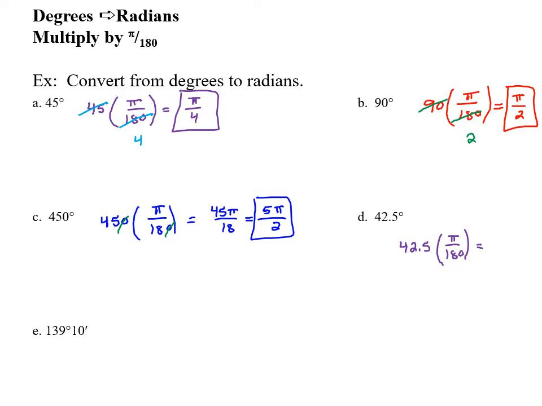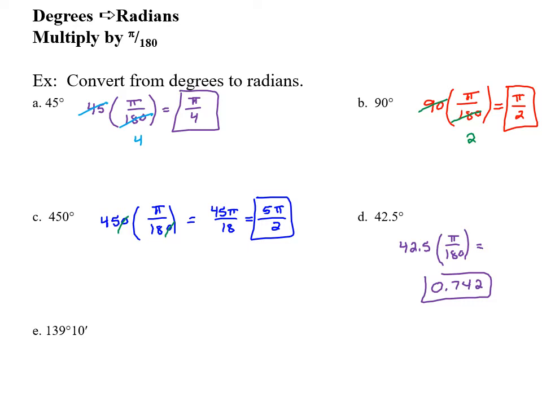So you would go to the calculator, type 42.5 times pi divided by 180, and you'll get a decimal number. It's about 0.74-ish, depending on how many decimals you want to go out to, or 0.742 if you want to do another one.